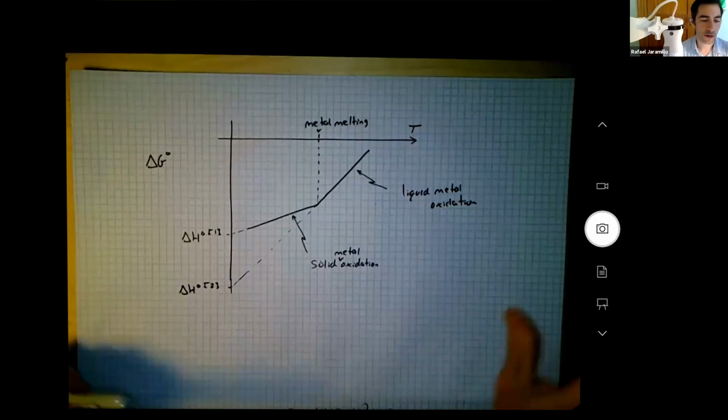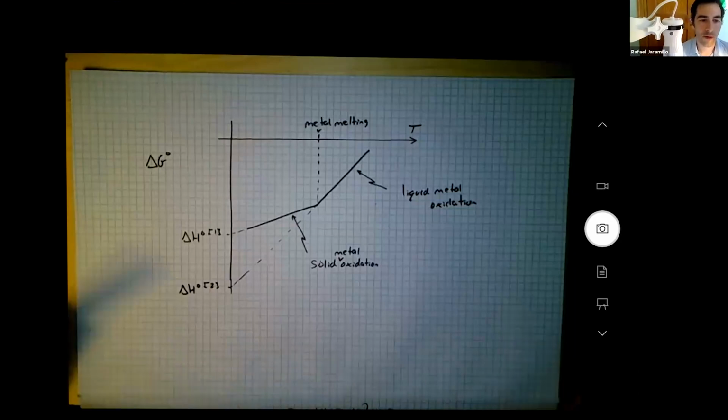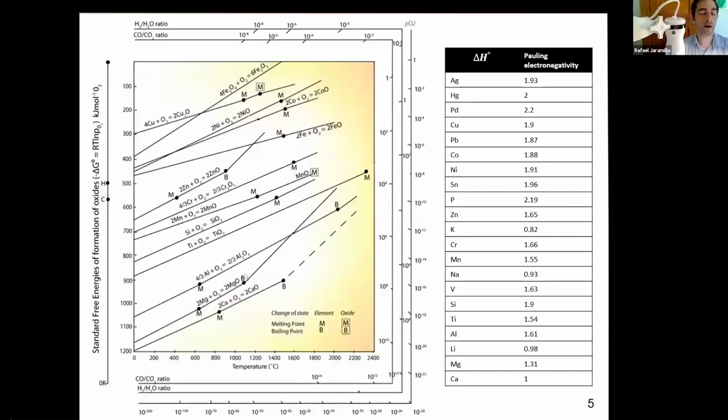So let's go back to some real plots. Now we can understand why there are breakpoints in these. There are breakpoints in these curves because at these transition points, the standard enthalpy and entropy of these reactions change. So here, the melting point of aluminum changes the slope very slightly.